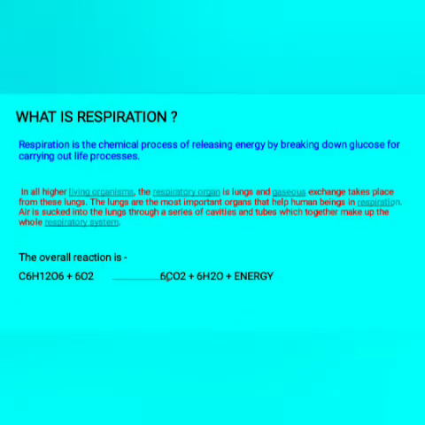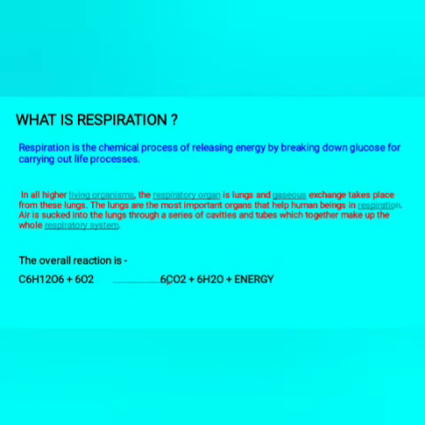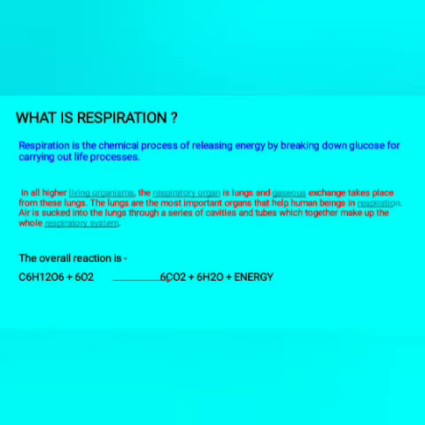So we know that respiration is a vital process in all living organisms and it goes on non-stop throughout life. So the definition is: respiration is the chemical process of releasing energy by breaking down glucose for carrying out life processes. As we know, we get energy from food.